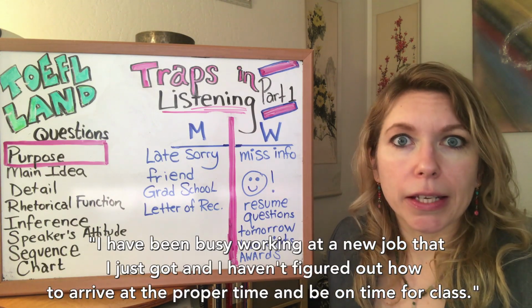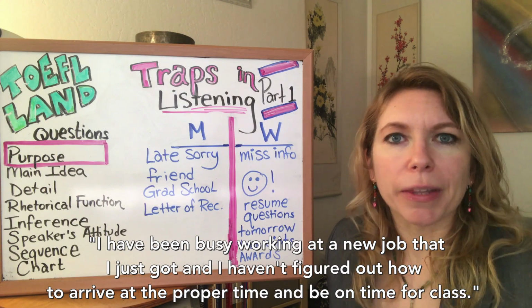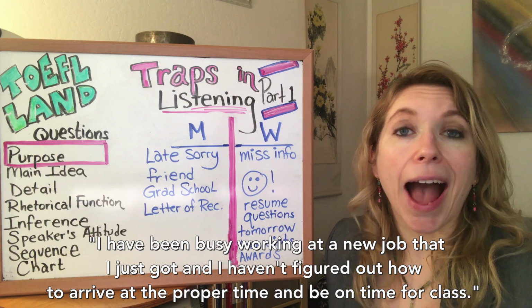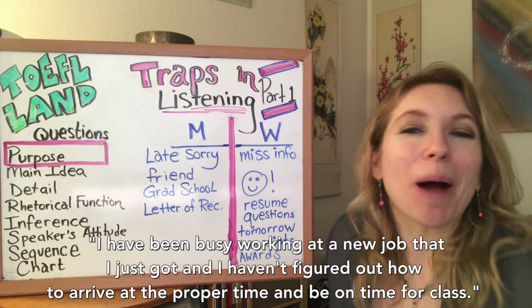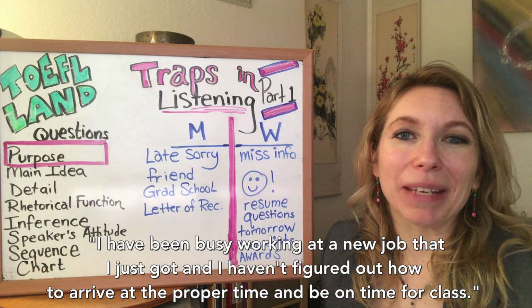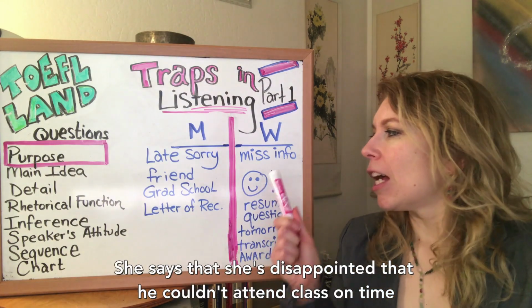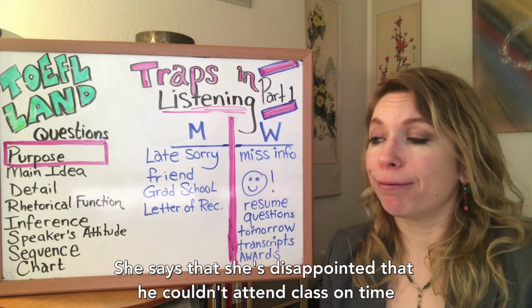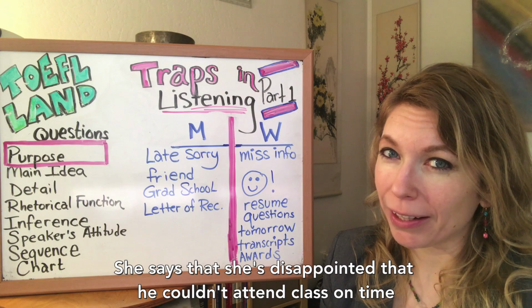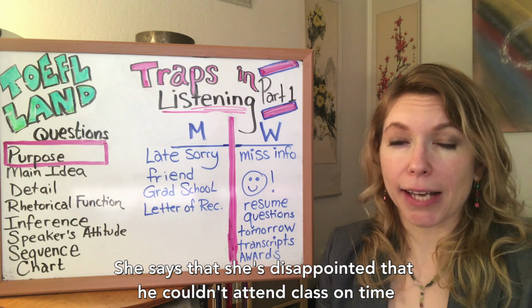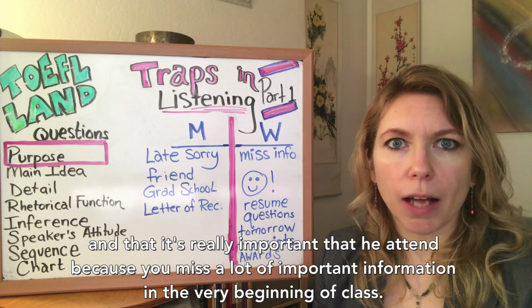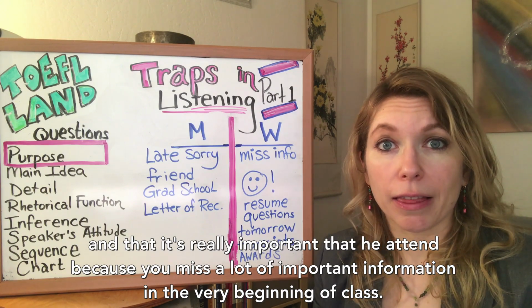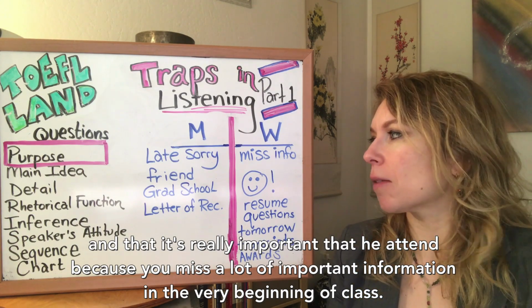I have been busy working at a new job that I just got, and I haven't figured out how to arrive at the proper time and be on time for class." She says that she's disappointed that he couldn't attend class on time and that it's really important that he attend because you miss a lot of important information in the very beginning of class.